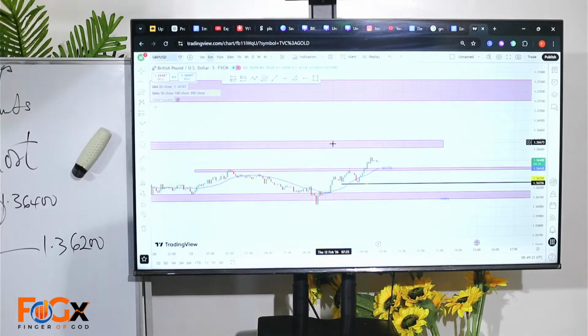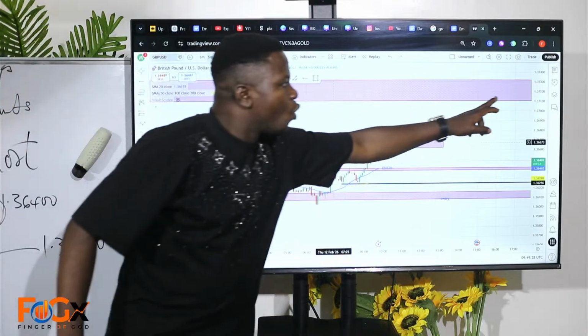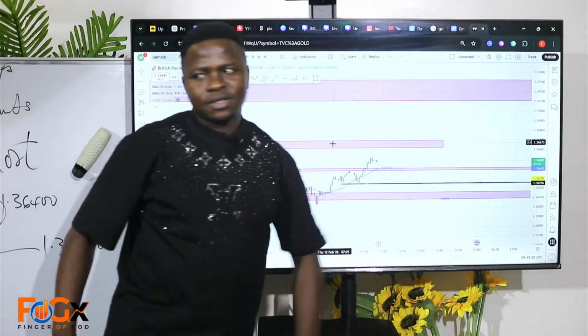So do the second one. The same entry, the same stop loss, but take profit will be 1.37100. A buy limit.